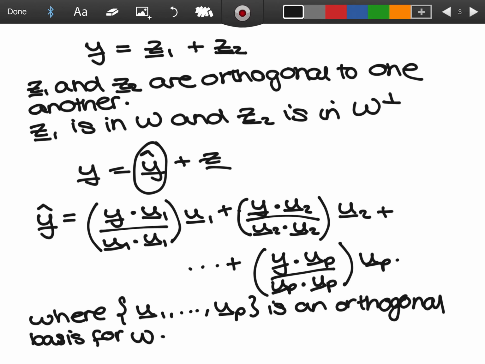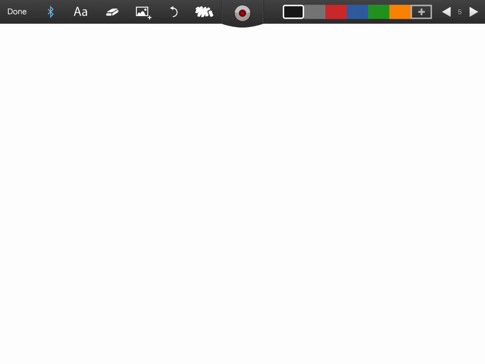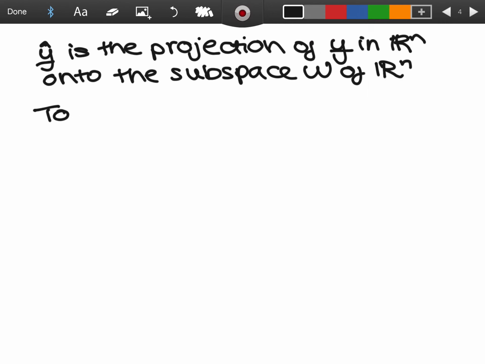Now, how do we find z? Well, we know y and we know y hat. So to find z, even though it has to be orthogonal to y hat, by construction of how we've done y hat, all we have to do is y minus y hat, and that will give us z, and it will automatically be orthogonal to y hat.